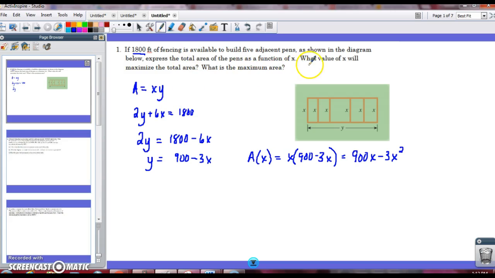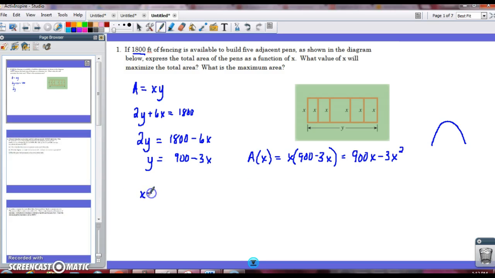And then the second part says, what value of x will maximize the total area? So if we're looking to maximize, if you were to graph this, it's a parabola that opens down, and so we're looking for that maximum. To find the maximum, all we have to do is negative b over 2a.